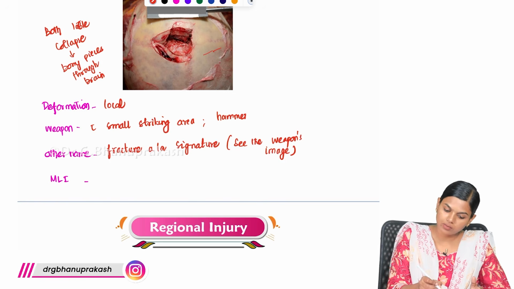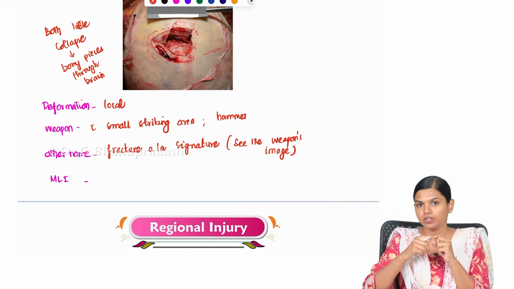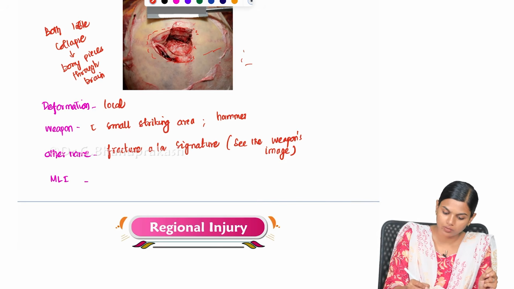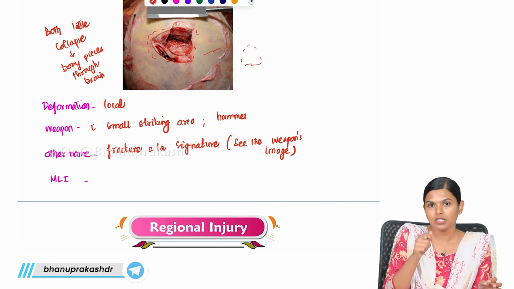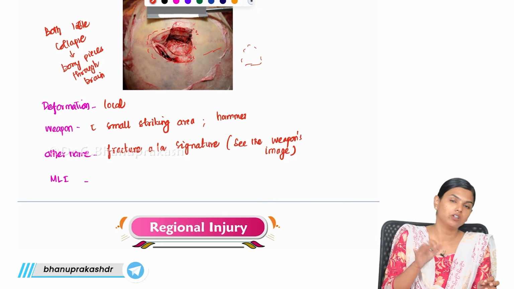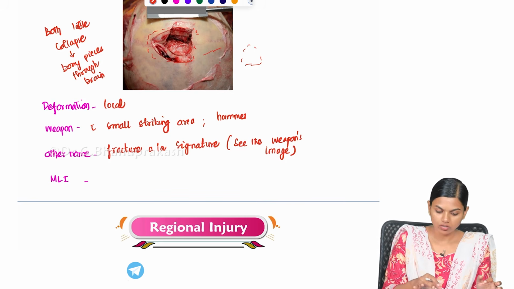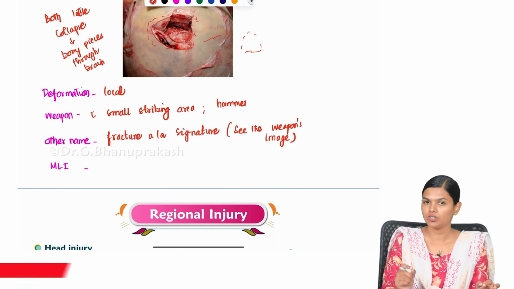This must have been the striking surface of that weapon, like a hammer must have hit with a surface like this. That weapon is leaving a signature over the skull, and using that you will be able to identify the weapon that could have caused this fracture. So that is why we call it fracture a la signature, or signature fracture.